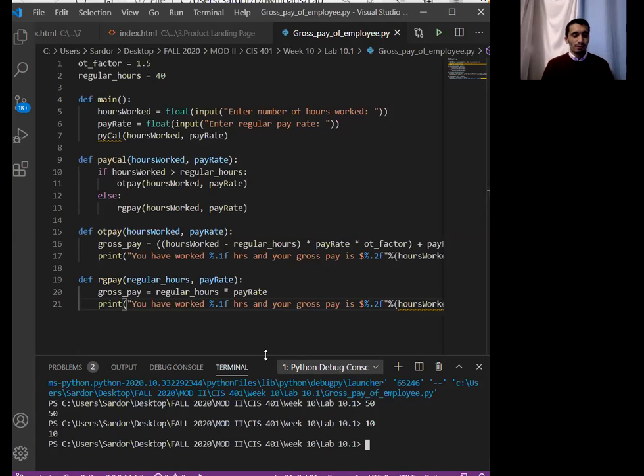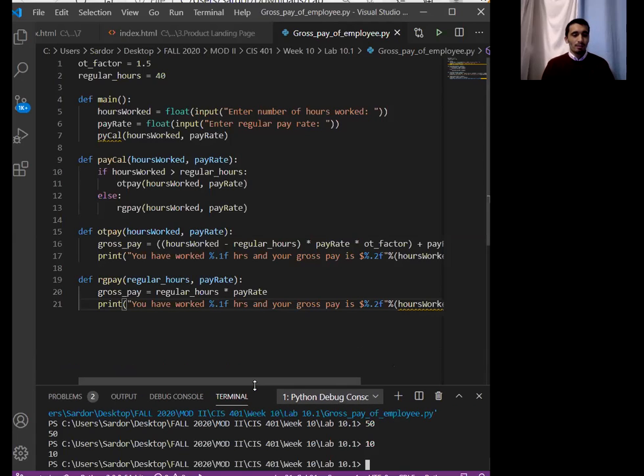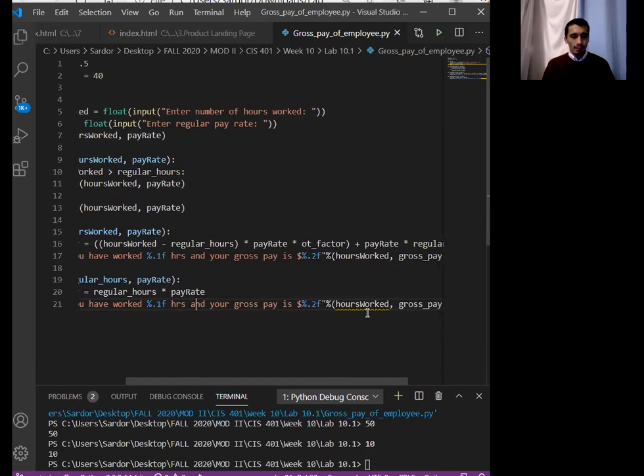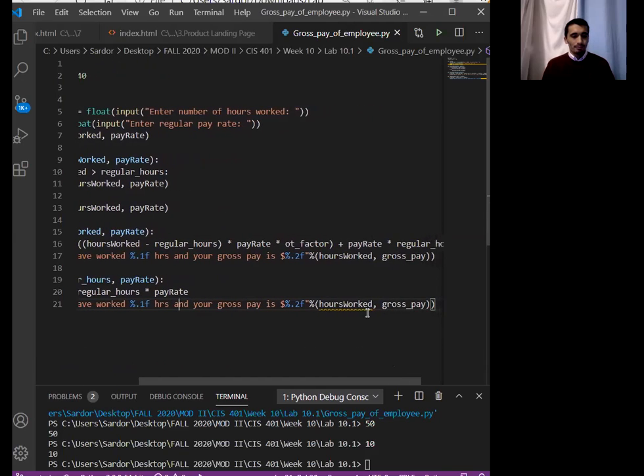What did we do? Probably let's finish this and see how it works. So you have worked, click space. All right, now there's a mistake. Pause it and figure out what it is.